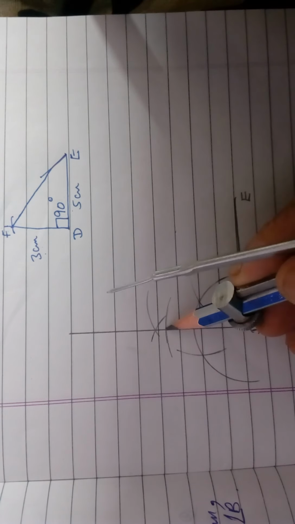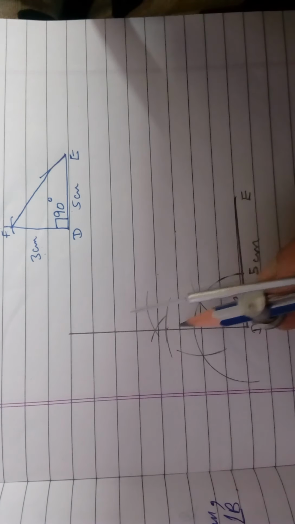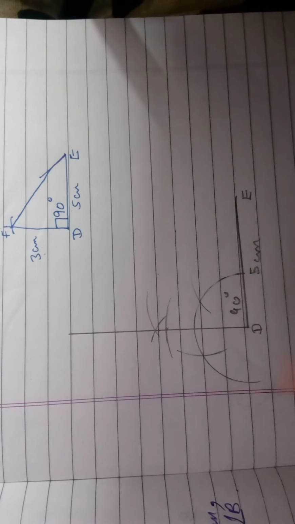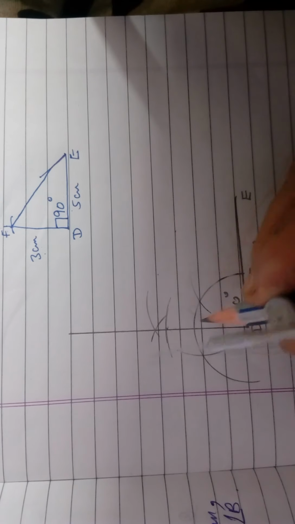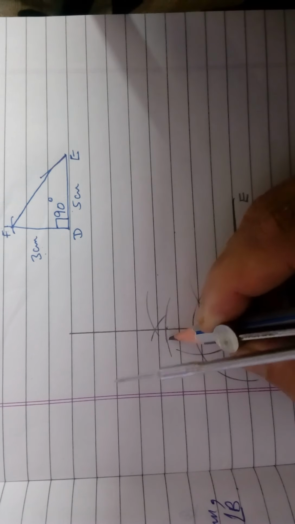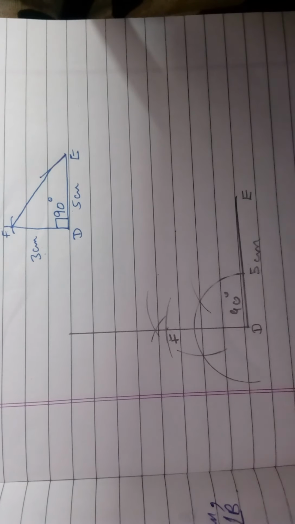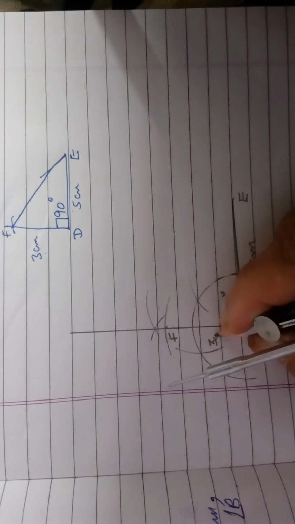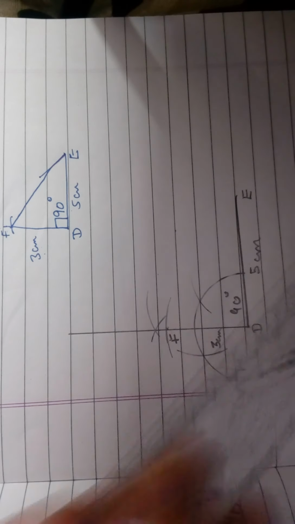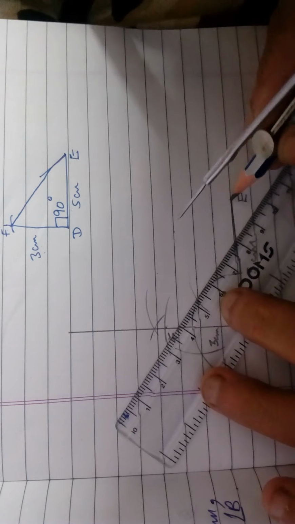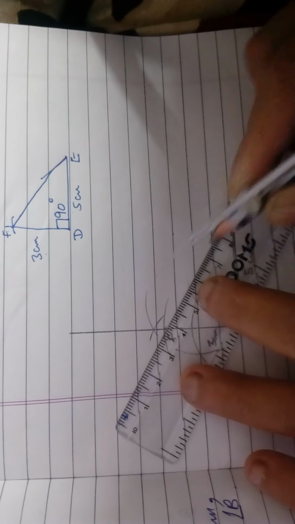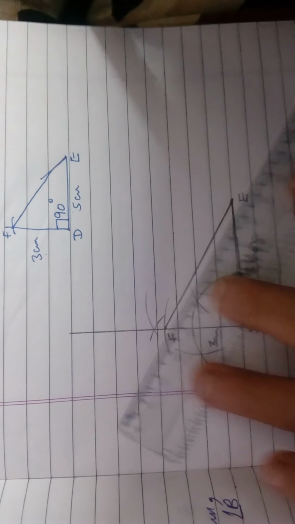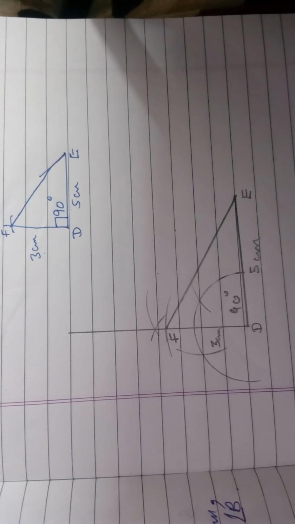So this point where the arm of the 90 degree angle and 3 centimeter meet will be named F. This is 3 centimeter. Now using scale and a sharp pencil, join the two, and DEF is the required triangle.